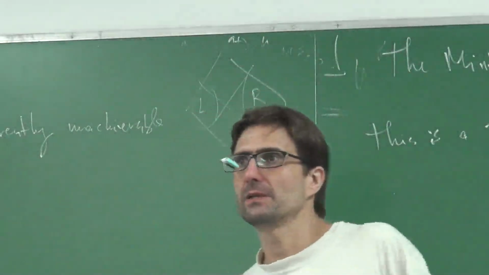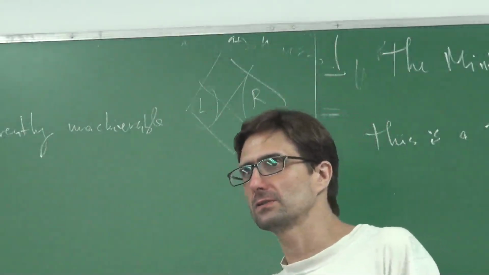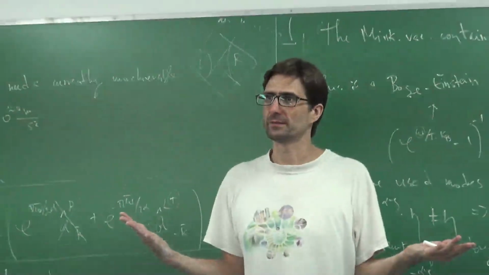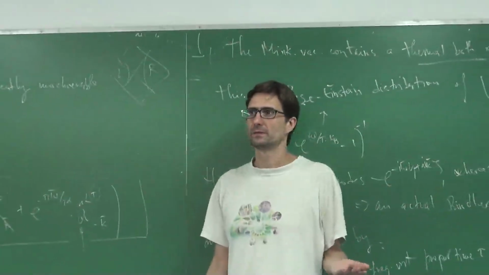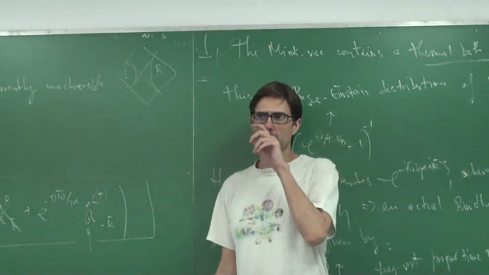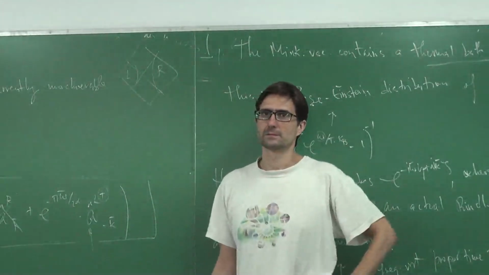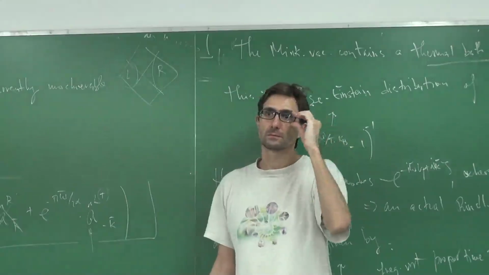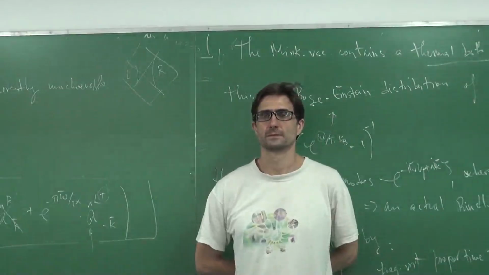So that allows me to seek the equivalent of this in curved spacetime. What is the equivalent of a Rindler observer in curved spacetime via the equivalence principle? Free fall.